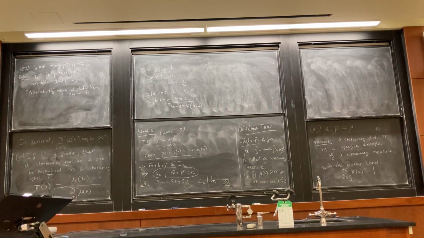If that space is finite, and I have a stationary measure according to definition 7, then I just take mu x divided by the sum. Then the pi x is a distribution, of course, because now the sum of pi x will be 1.